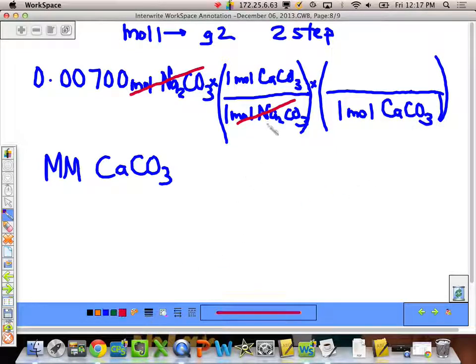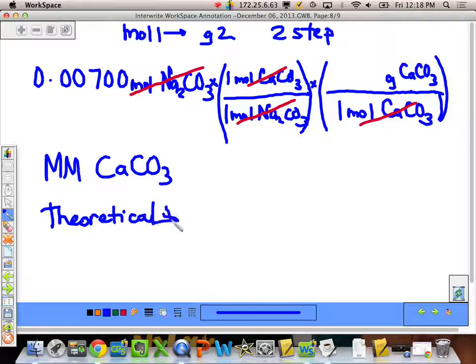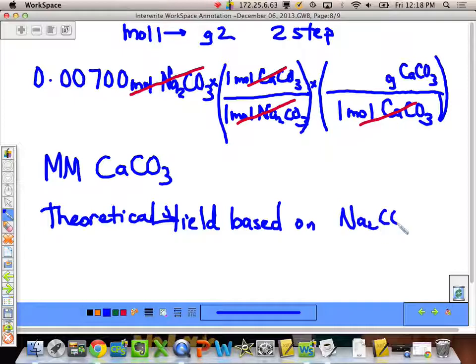That way I can cancel out those moles of CaCO3. And then on the top, I would put my molar mass, grams of CaCO3. And then I'll be able to multiply through everything, divide by everything, and I'll get my theoretical yield based on the sodium carbonate.